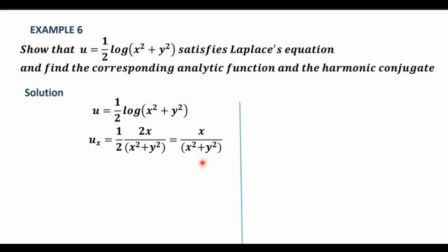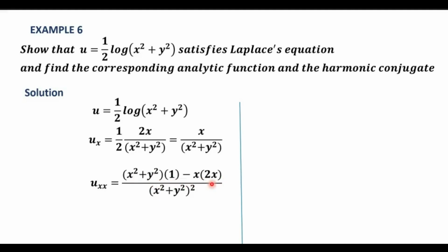Next, we have to calculate uxx, or differentiating ux again with respect to x partially. So uxx will be, again I've applied the u by v method, v into derivative of u, that is 1, minus x into derivative of v, that is 2x, upon v square. Simplify this. If I open the bracket, x square plus y square minus 2x square.